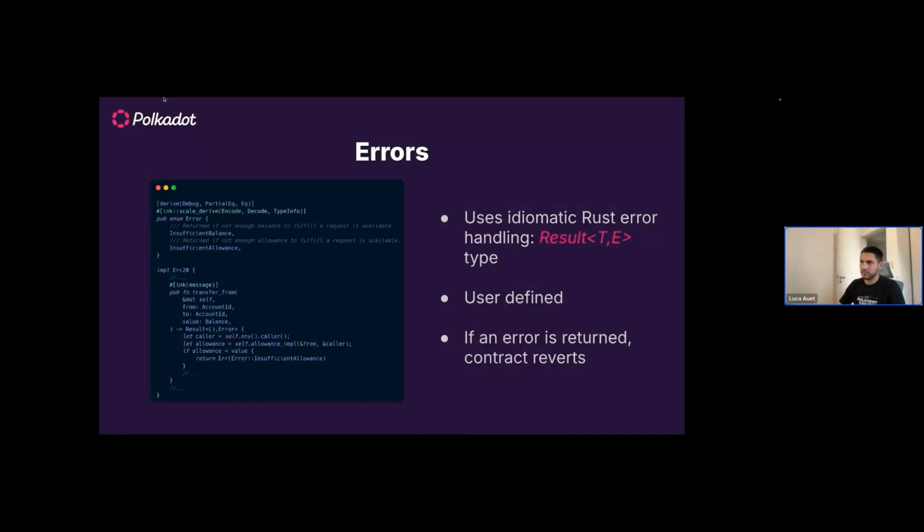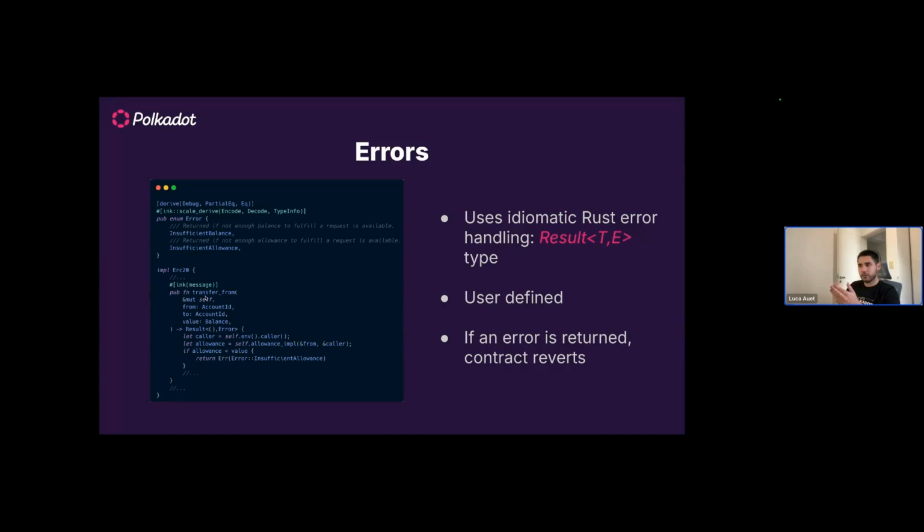So let's imagine this scenario in which we have an implementation similar to an ERC20 token, right? So here we define two errors, which are insufficient balance and insufficient allowance, okay? This method is called transfer from, all right? It receives three parameters: from, to, and a value.